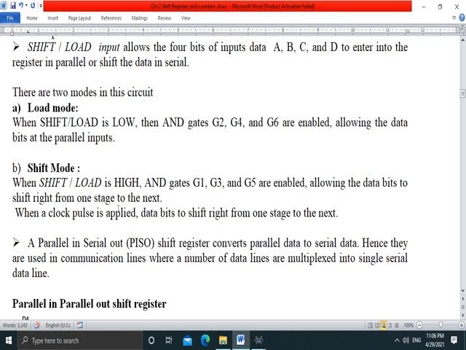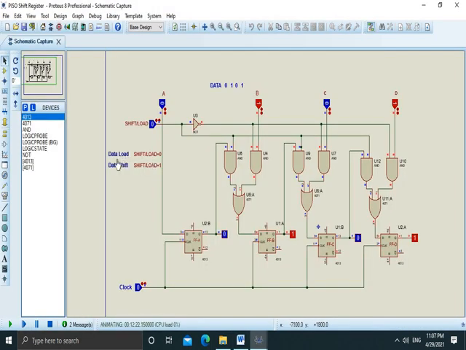See, when the shift or load line is high, when data is loaded, the next job is to shift the data. To shift the data, we want to make the shift or load line 1, and after the line becomes 1, the input of the NOT gate is 1, so its output is 0. 0 means one input of this AND gate is 0, and one input of this AND gate is 0.